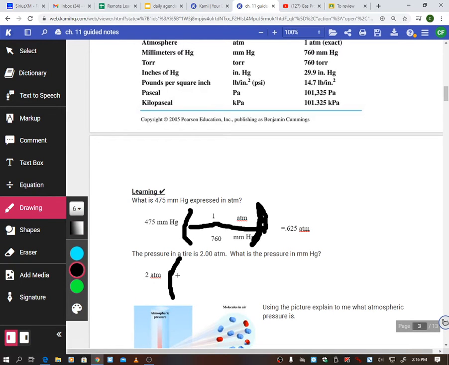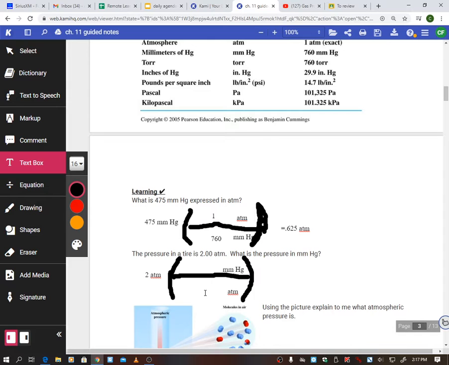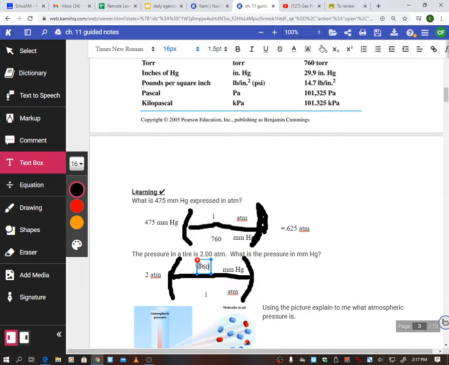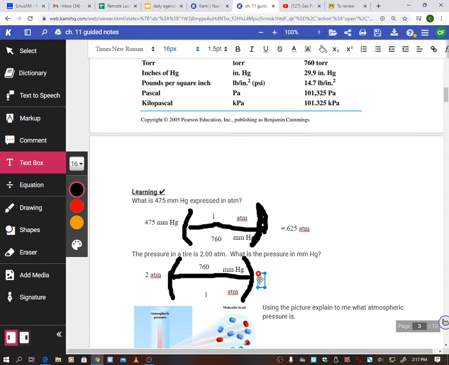All right. So now I'm going to put ATM down here on the bottom, and I want millimeters of mercury, so that's going to go on top. And just like here, 1 ATM is equal to 760 millimeters of mercury. So I'm going to take 2 times 760, and that's going to be 1,520 millimeters of mercury.